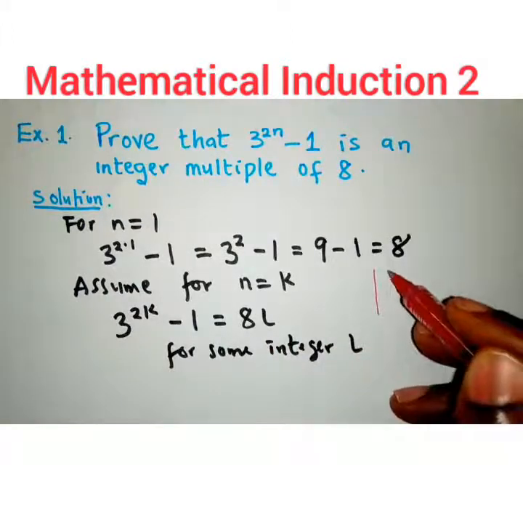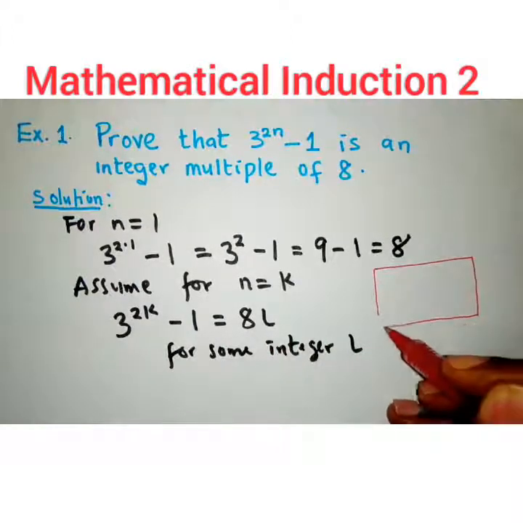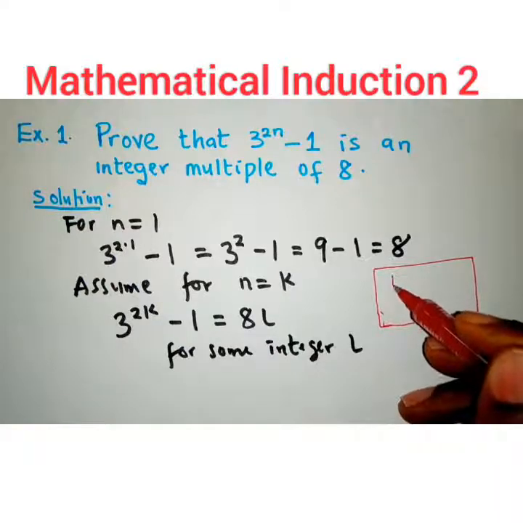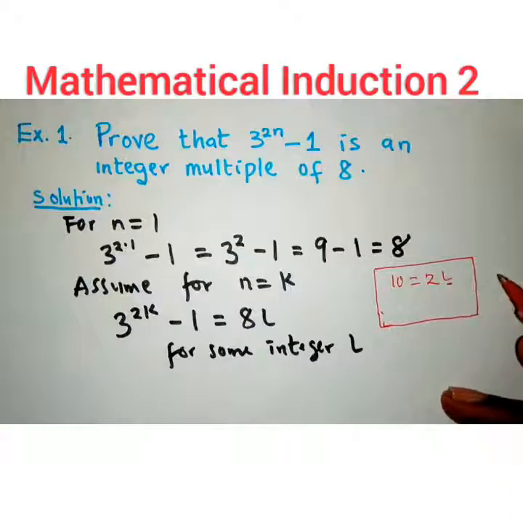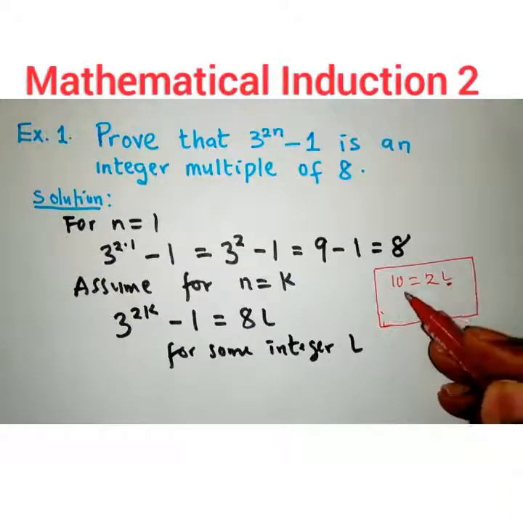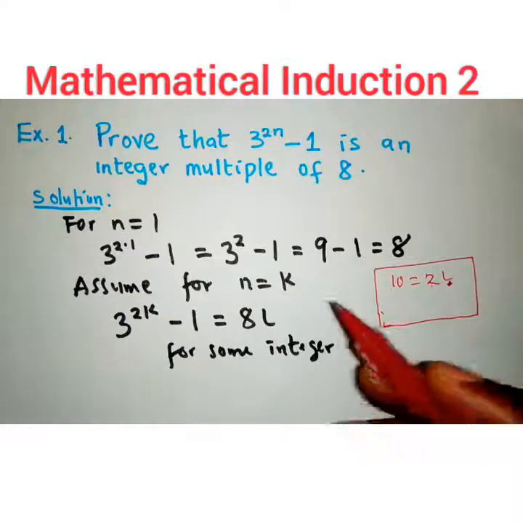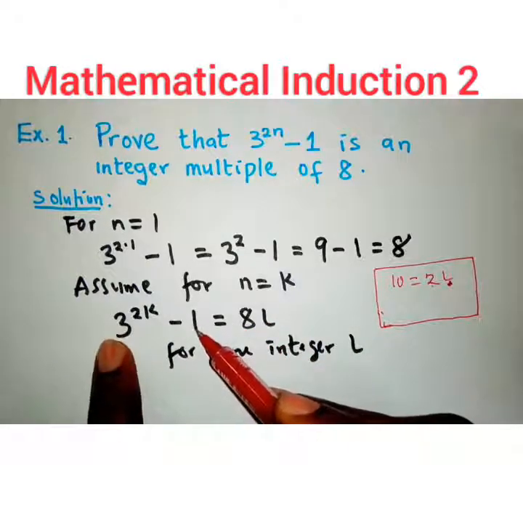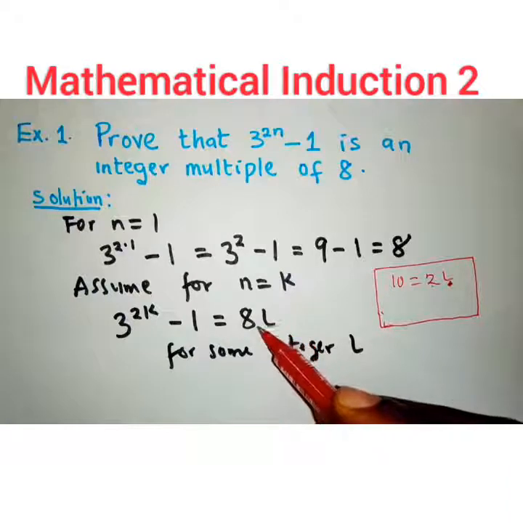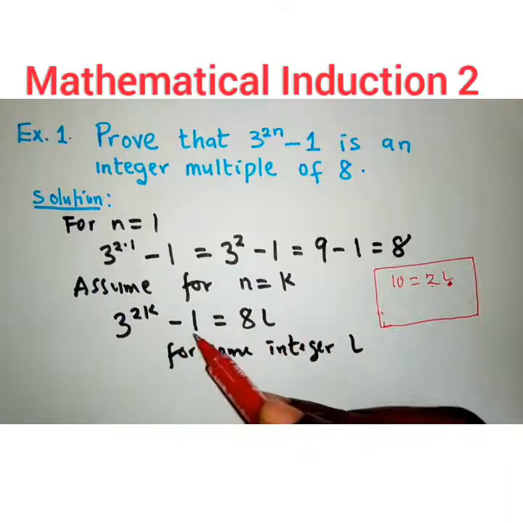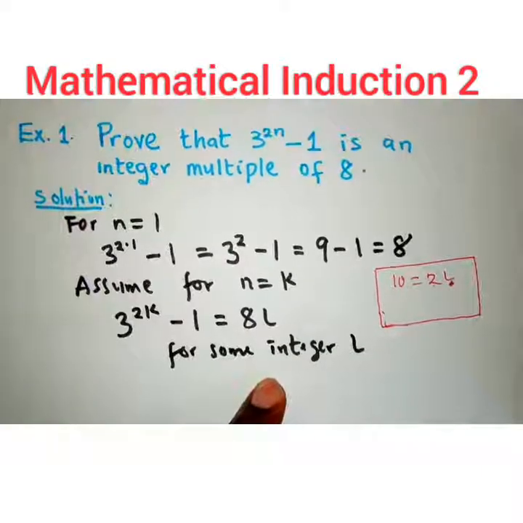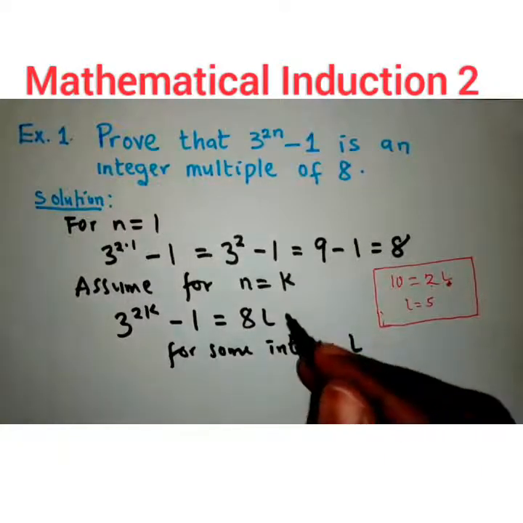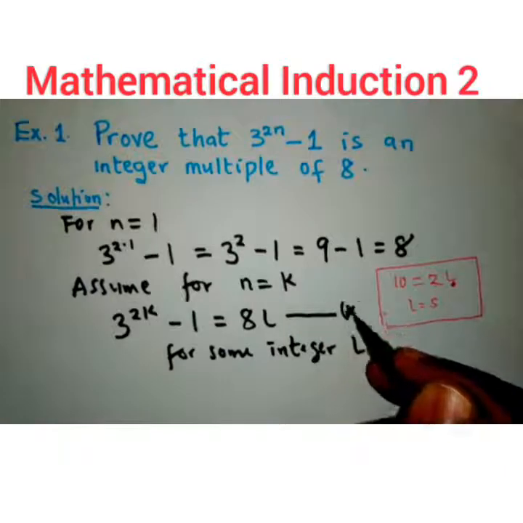For instance, if 10 is a multiple of 2, it means that 10 equals 2l for some integer l, and in this particular case, l is 5. So 10 equals 2 times 5. So if we are assuming that this expression is an integer multiple of 8, then it equals 8l for some integer l. We can call this equation star.